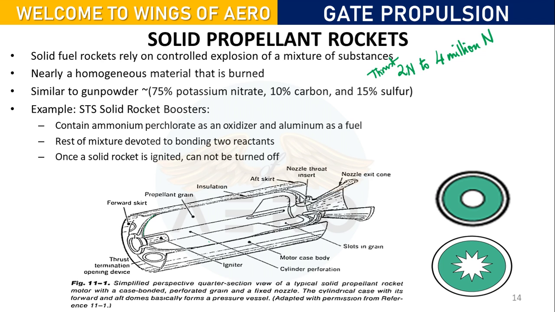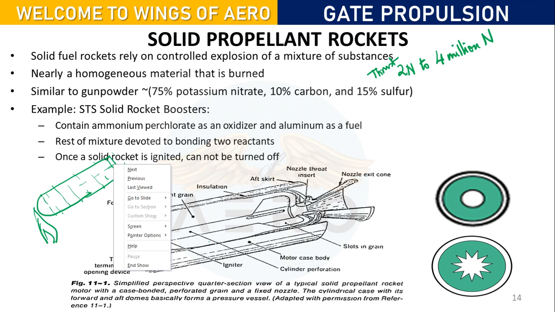So how does it happen? If it is an agarbatti and you have ignited it over here, gradually it will start to burn. But in the case of solid motors, we keep the igniter at the center part.